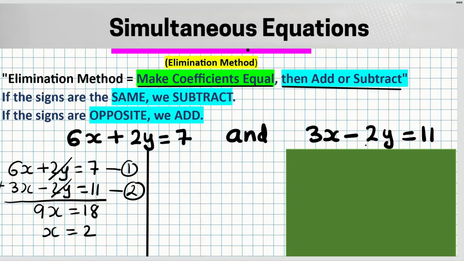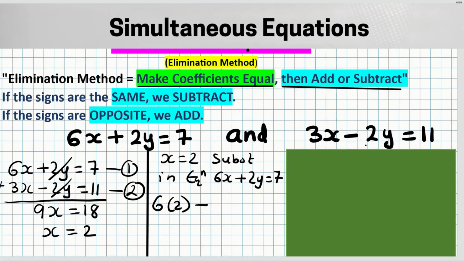Right now I have taken decision to substitute x is equal to 2 in equation 6x plus 2y is equal to 7. So 6 into 2 plus 2y is equal to 7. So 12 plus 2y is equal to 7.